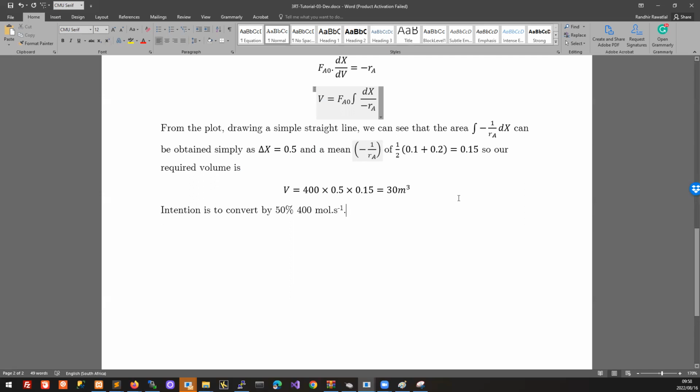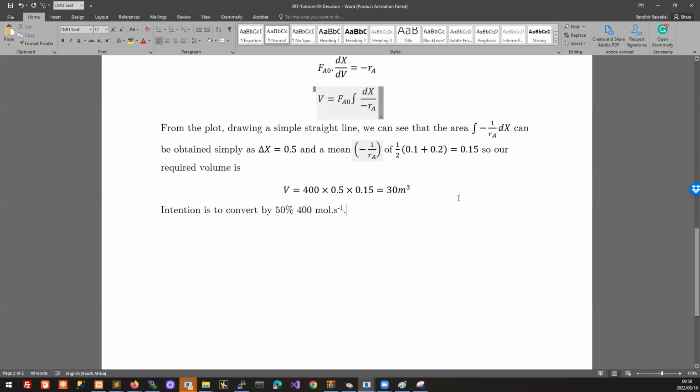So we could say, well, in 1 second, I'm starting with 400 moles in my space. So that's one way to say it. Of course, we are not going to try to design a reactor around 1 second. So what we can do is translate this.